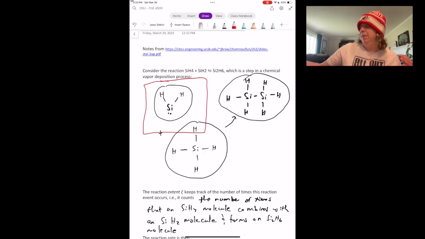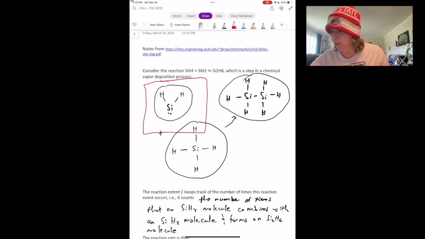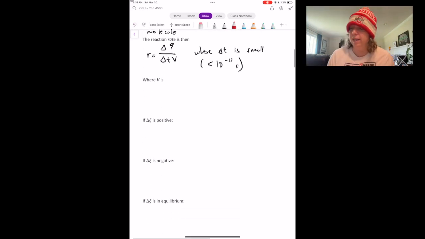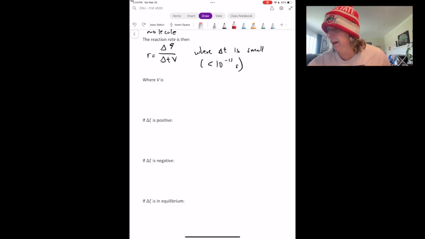But so I need to make my volume large enough that I have multiple molecules, and really what I need is my volume to be large enough that the fact that these are individual molecules doesn't matter. So I need somewhat of a large volume. But my volume can't be so large that I don't have good mixing, because I need good mixing in order to explain a reaction rate based on a particular volume.